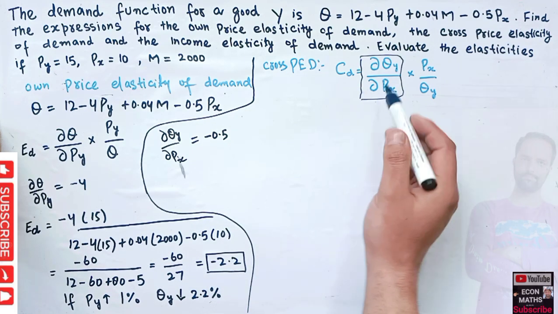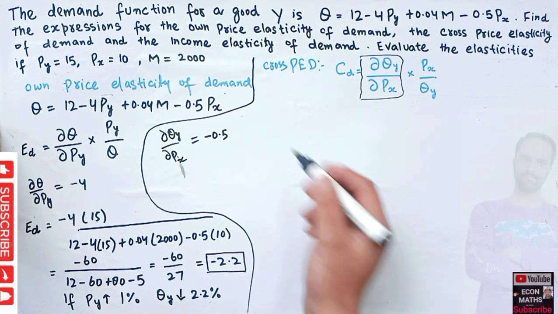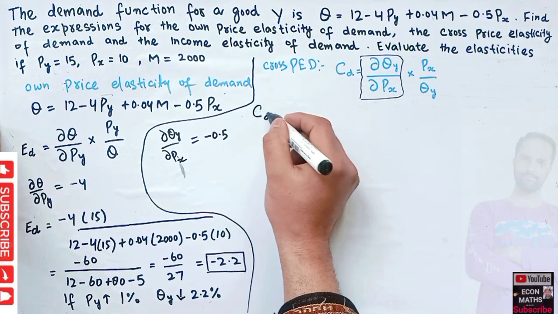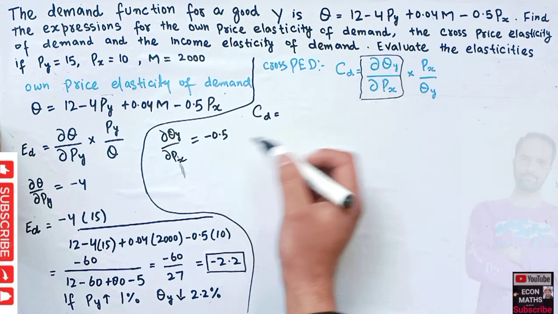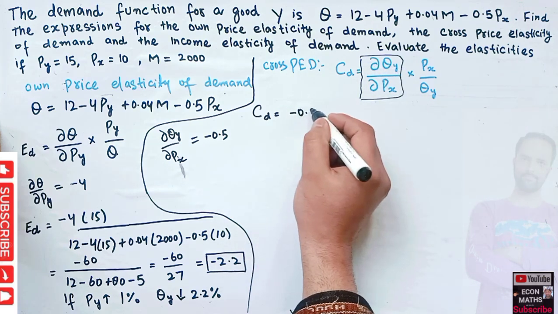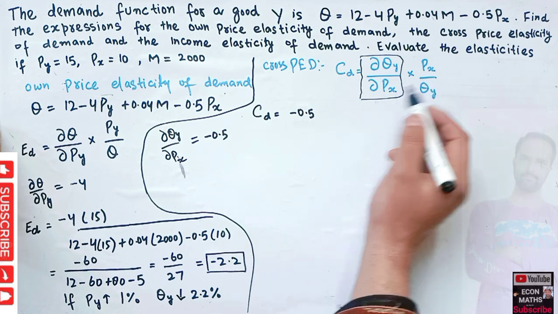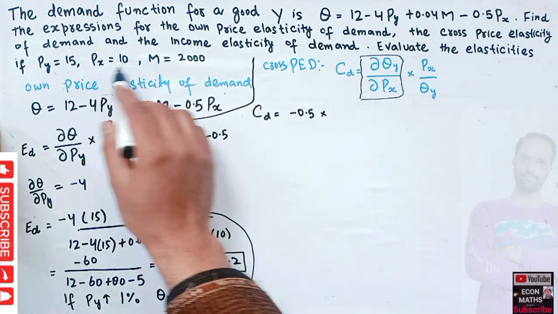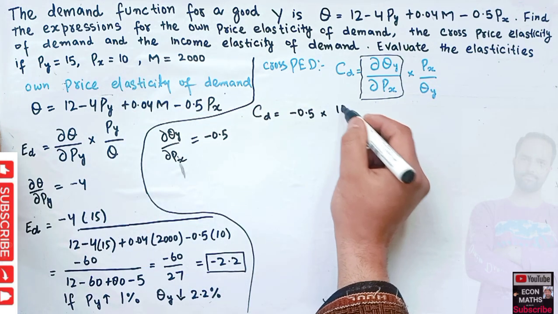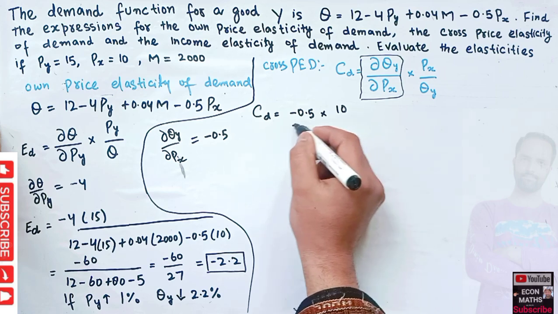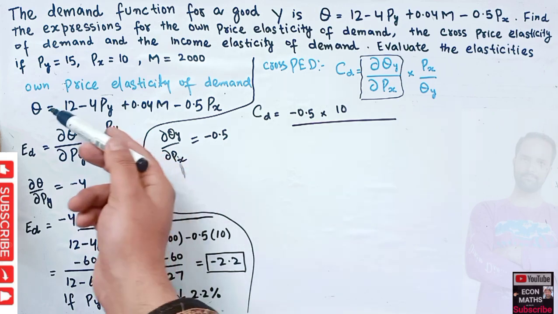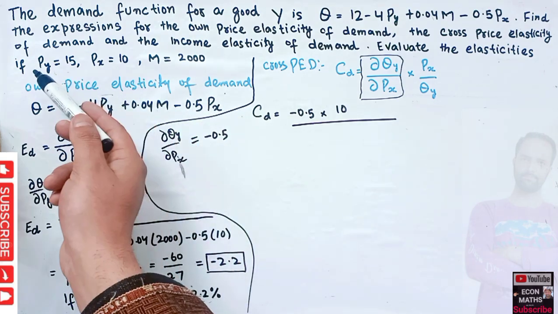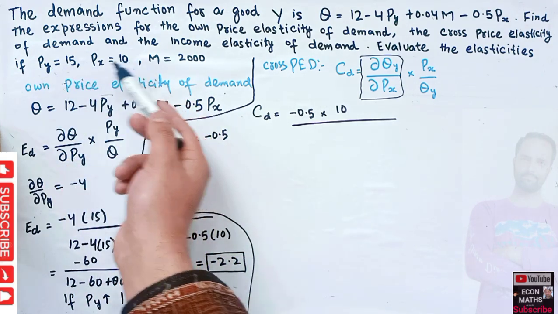And then what is the cross price elasticity of demand? It will come out to be, so this came out to be minus 0.5. The price of X is given here, this is 10, upon Qy, which is this whole expression evaluated at the given values.